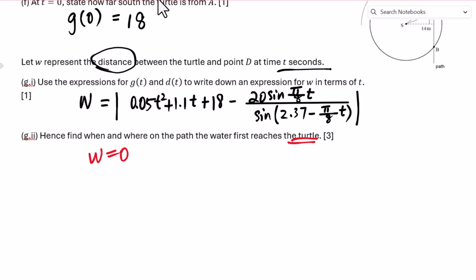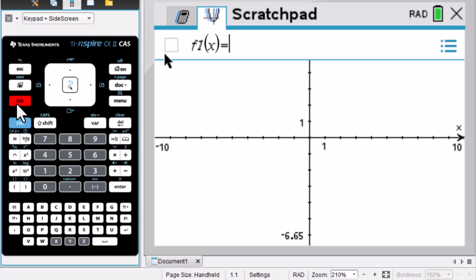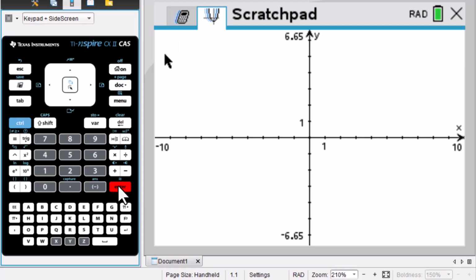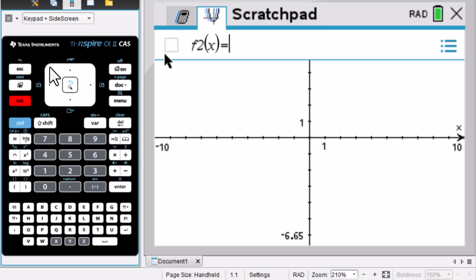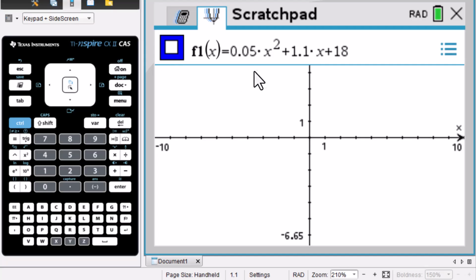Let's sketch the graph. First of all, check that the angle is in radians. Then type in the j function for f1 of x. Go back to this tab. We don't need to graph this function.